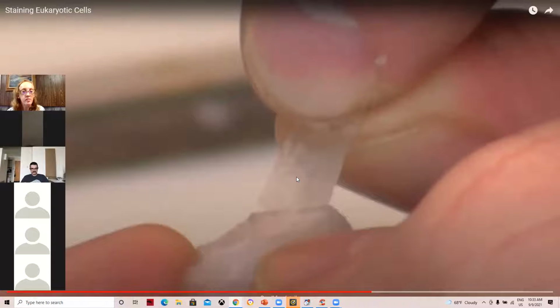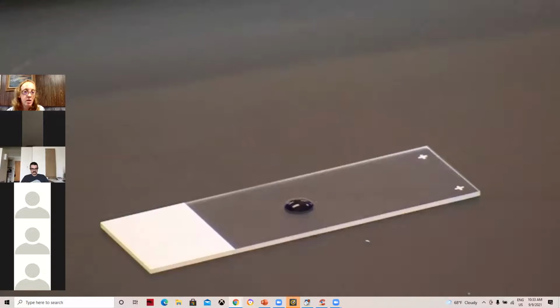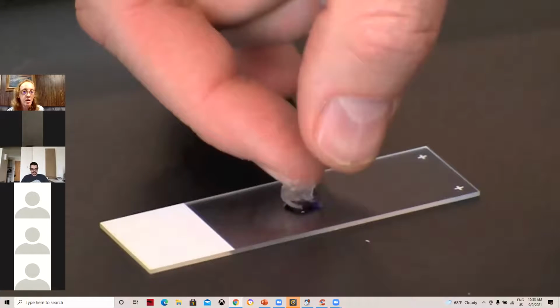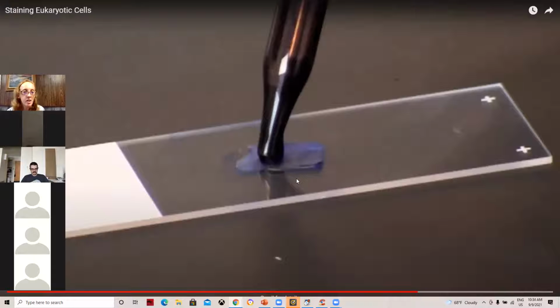Really, really tiny, and I'd even go tinier than what he's showing here. Place the piece onto the drop of stain on the slide. I can tell he's done this a couple thousand times, that he's confident enough with that big of a piece of onion. I personally would never do that, because I can't stress this enough: the smaller the specimen, the better chances you have of getting a good slide preparation.